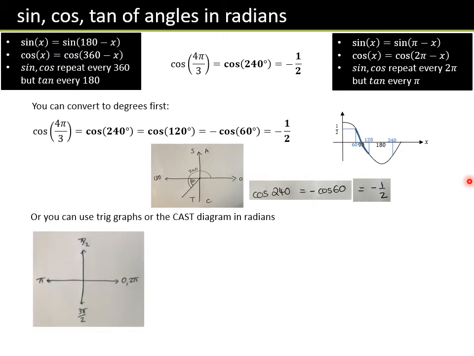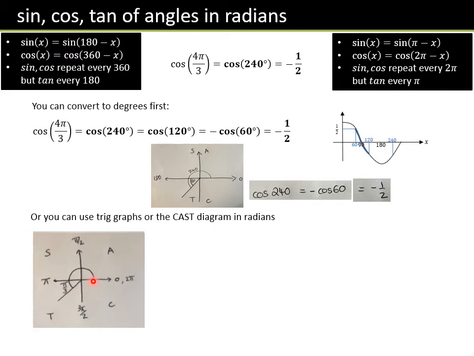So I don't think you need to convert it into degrees. If you're asked for cos of 4 pi over 3, actually you can go straight to the CAST diagram, and I think this is probably the easiest way. So 4 pi over 3, we go from 0 to pi and we go another third of pi around.